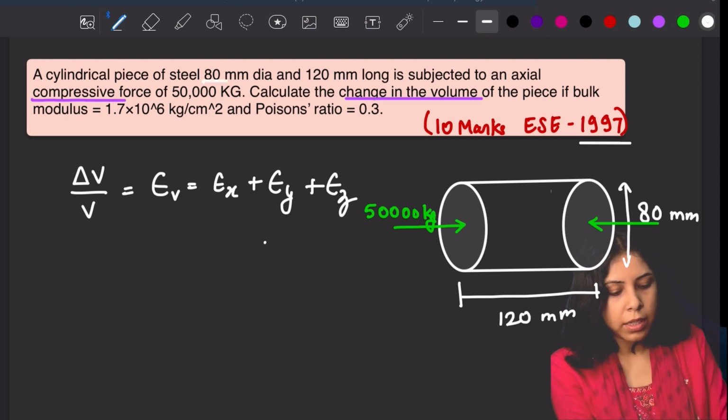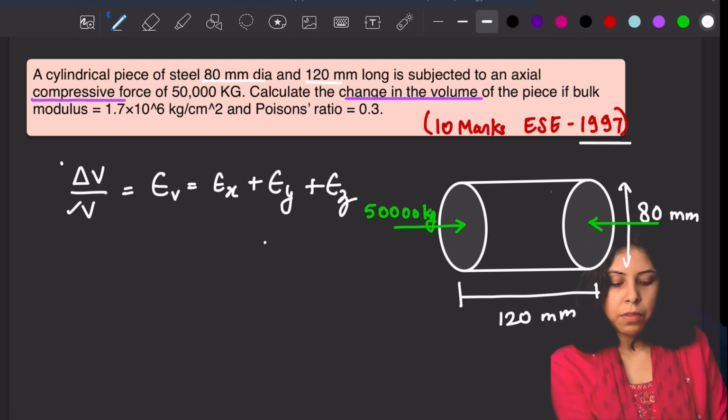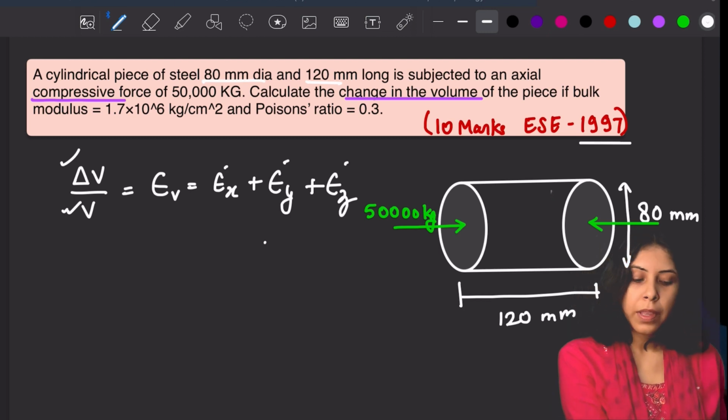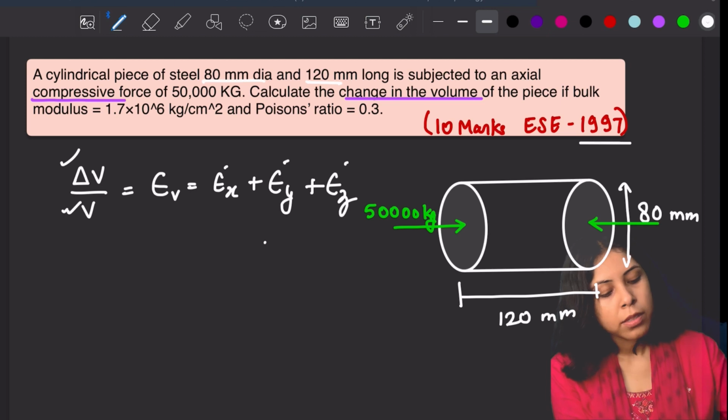We have the diameter and the length, so we can calculate the total volume. We will calculate epsilon x, epsilon y and epsilon z, and we will get the change in volume using this formula.